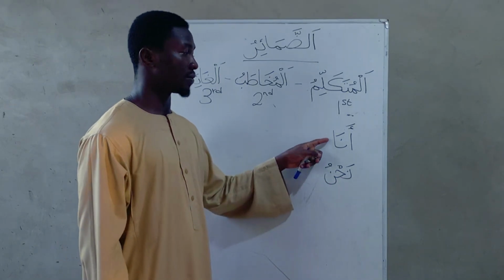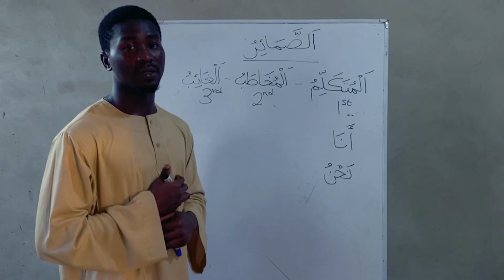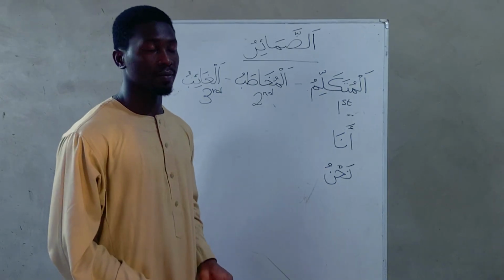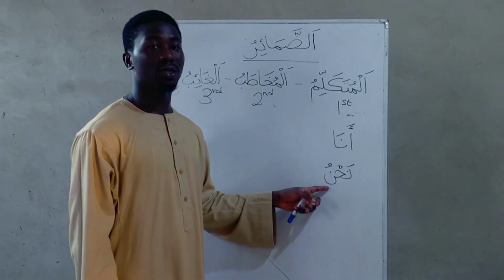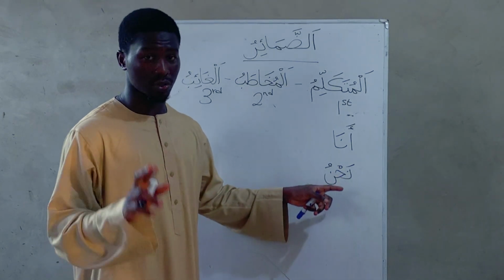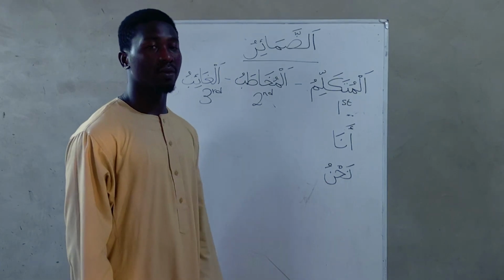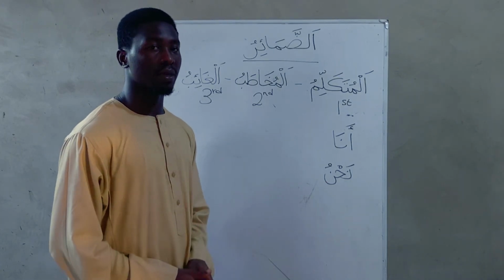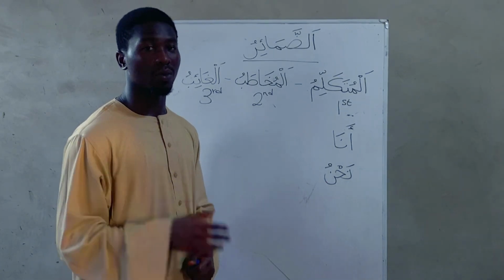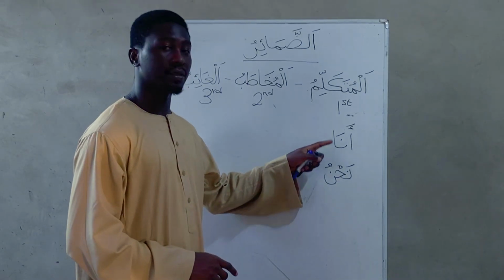If I say, for example, ana tilmidun, I am a student, which I am. If we are two or more, we will use nahnu. Now I want to say we are students, but in this case we are two students. Am I saying ana tilmidun?